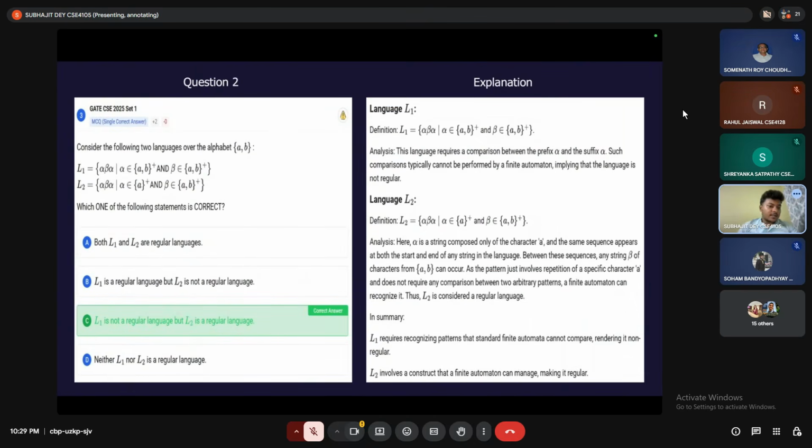Another question: consider the following two languages over the alphabet a, b, L1 and L2. This is the definition of L1, and this is the definition of L2, and these are the four options. Which one is correct?